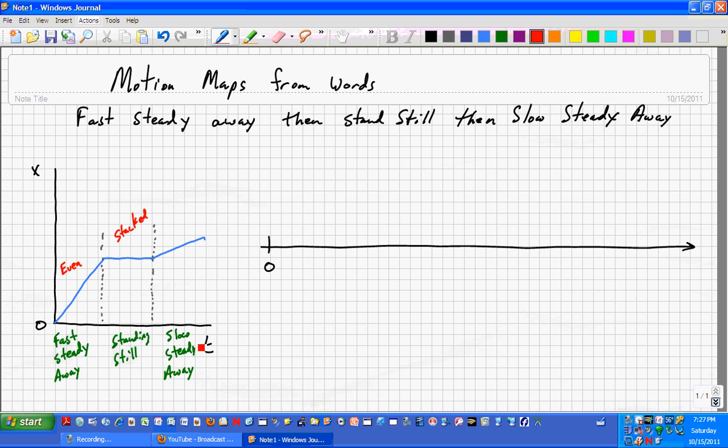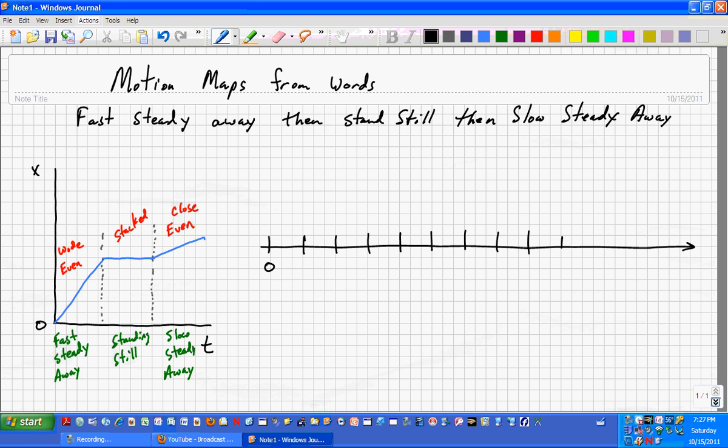And for slow, steady away, these are also going to be even since it's steady. These are going to be a little closer, so I'm going to say close and even. And since this was fast, I'm going to say wide and even.